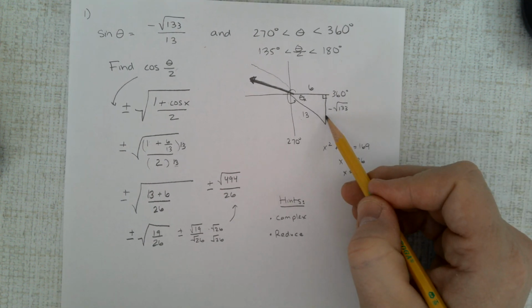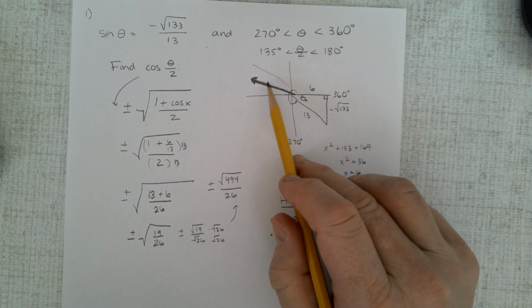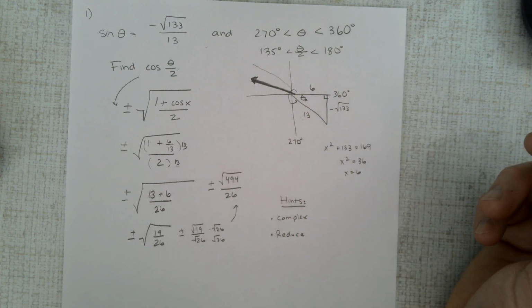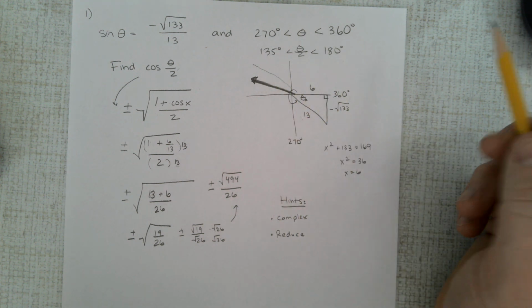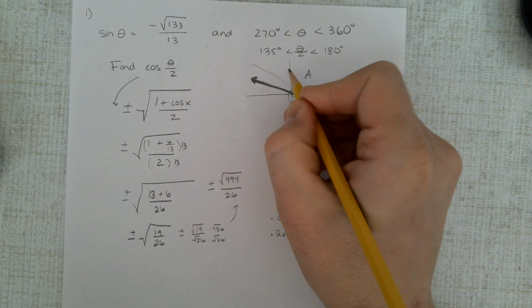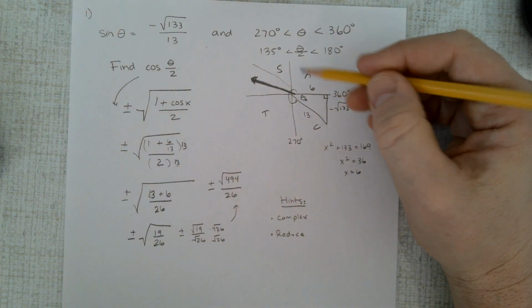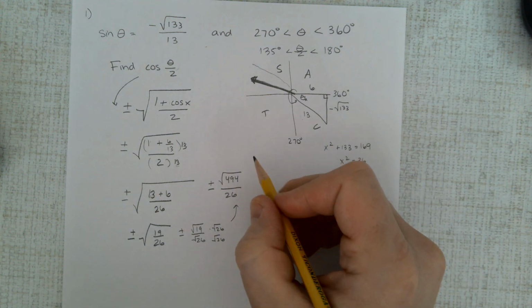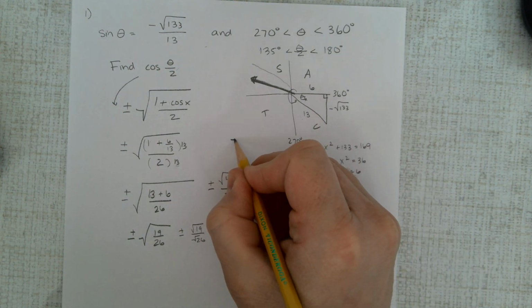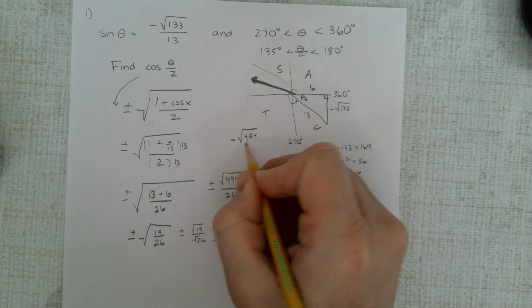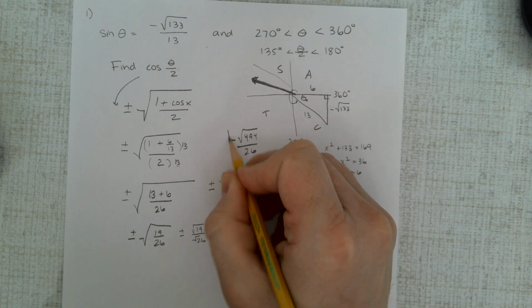My original angle is here, but theta divided by 2 would be over here because I cut these intervals down by 2. And I'm looking for what? Cosine. All students take calculus. Cosine's positive here and here. It's negative here and here. So we're going to go with the final answer, a negative root 494 over 26.